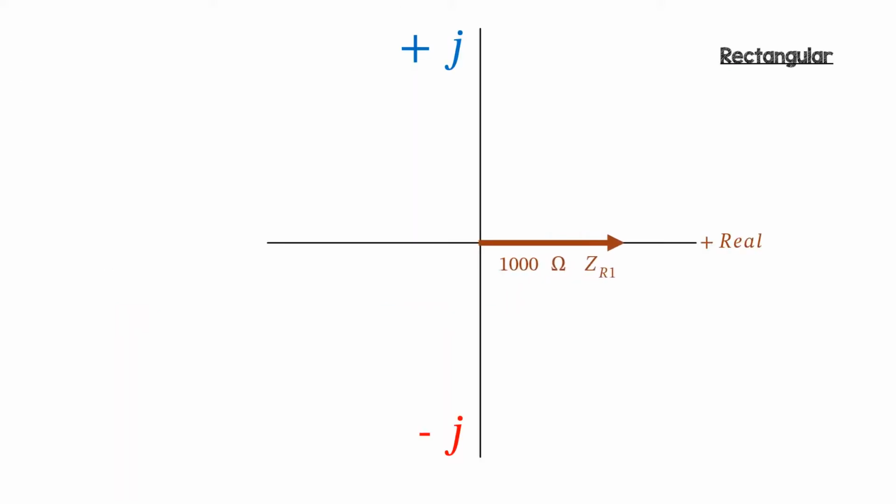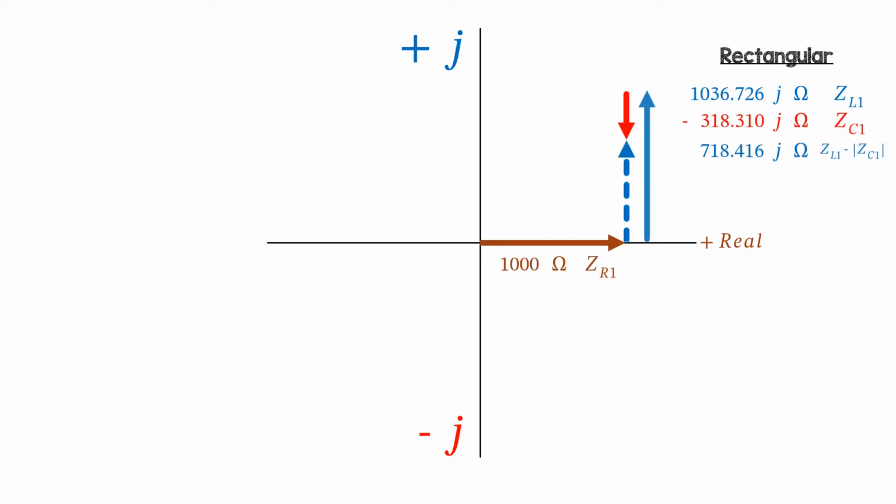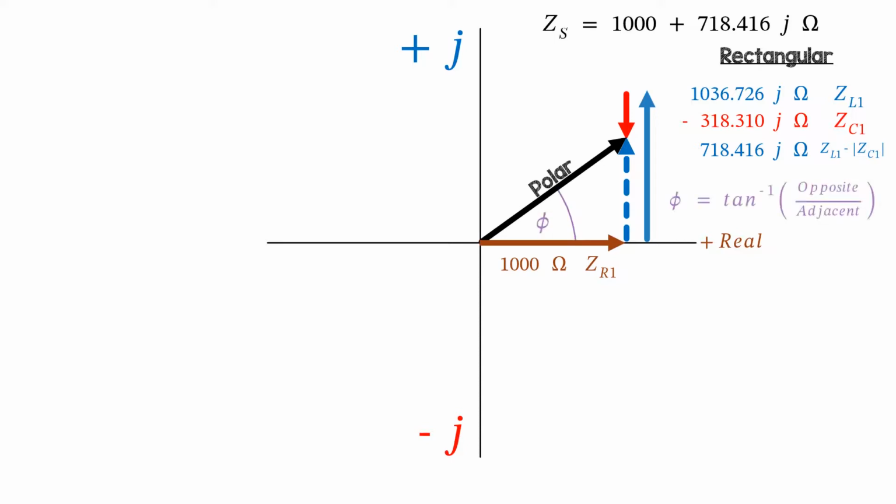Here's ZR, the real part of Z series, and then ZL1, which is positive J, then ZC1, which is negative J, and the sum of the imaginary parts, which I call ZL1 plus the negative ZC1, or ZL1 minus the magnitude of ZC1. The dotted line is the overall imaginary sum, if you like. And we can convert this impedance into polar, because it's easier later on for finding impedances, currents and voltages. This shows how we work out the phase angle.